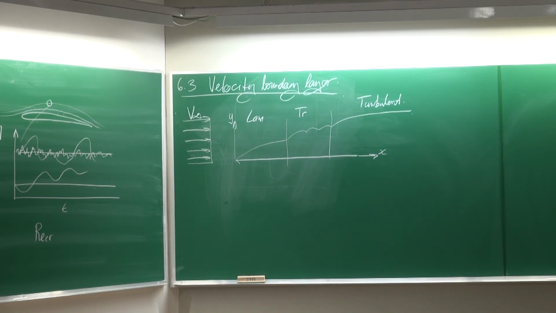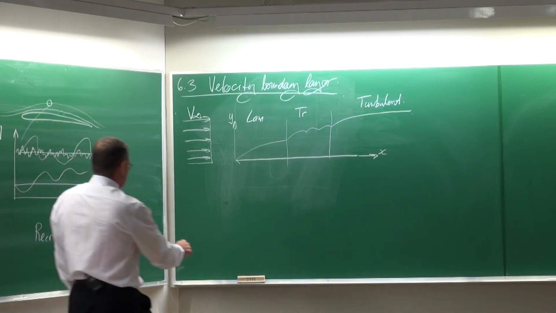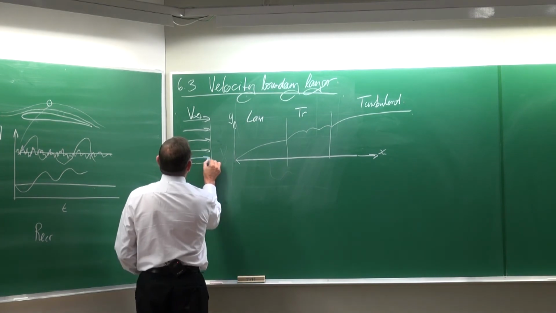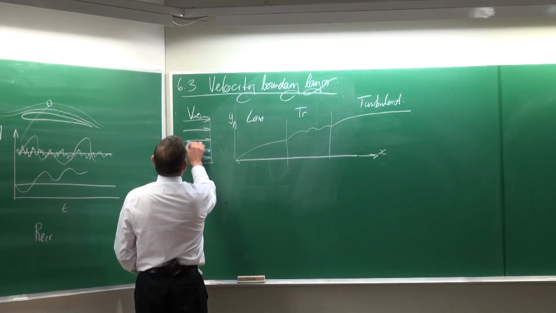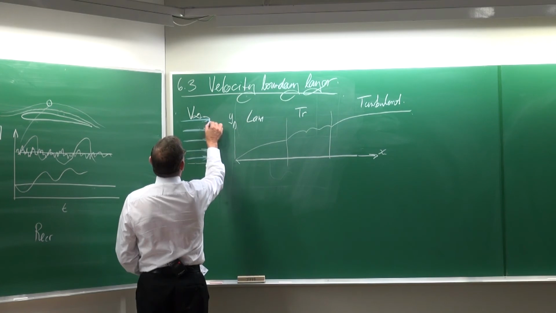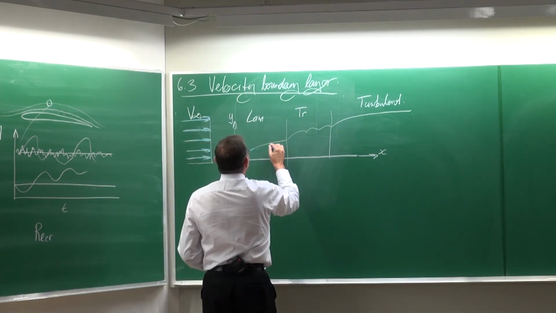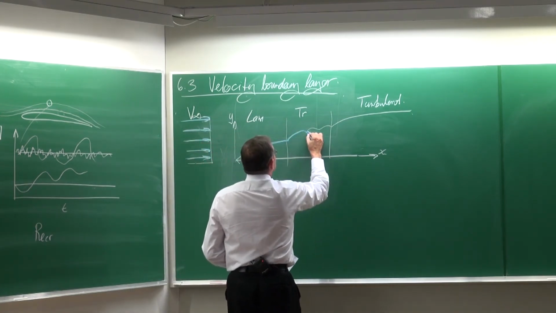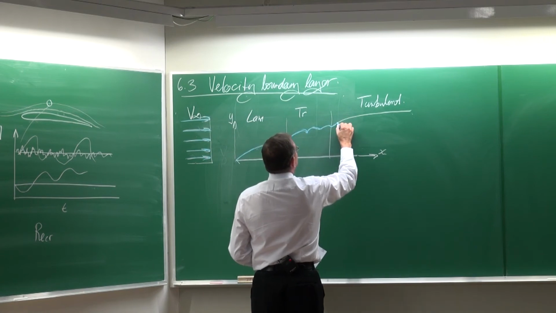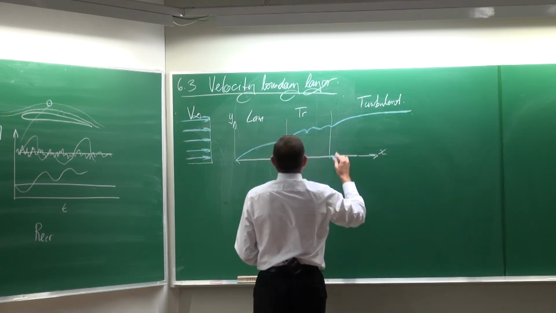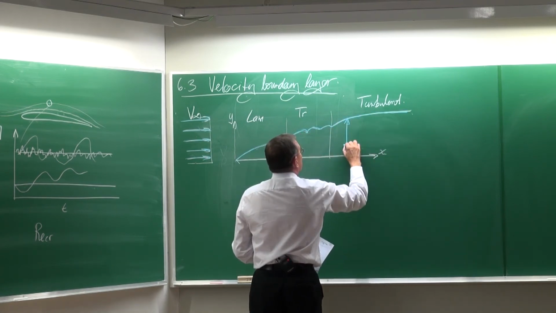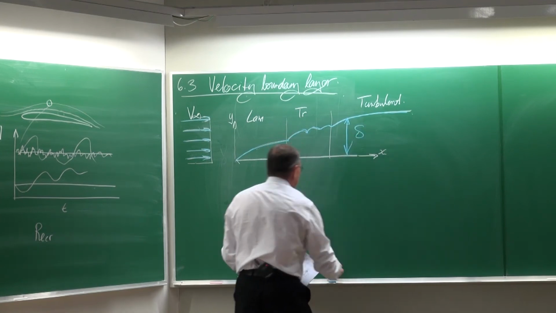To distinguish between the next section, I would like to make this in blue, to indicate the velocity. And this blue line is the boundary layer thickness, lambda.